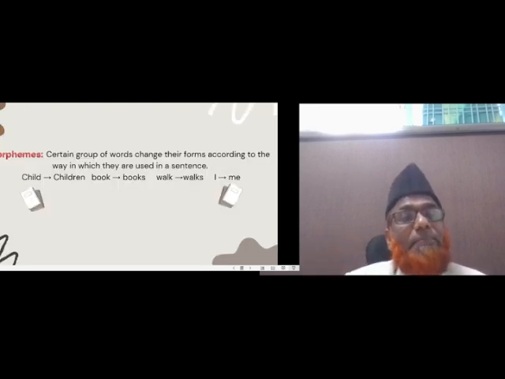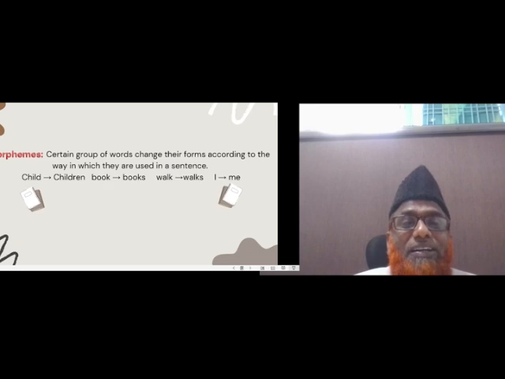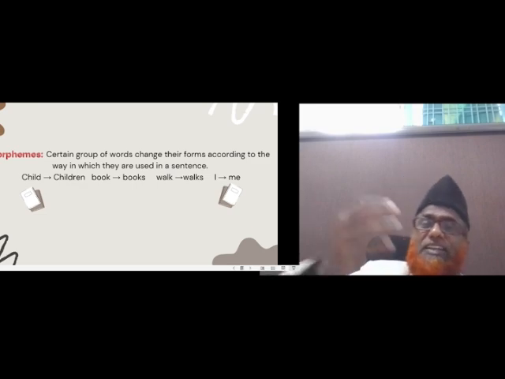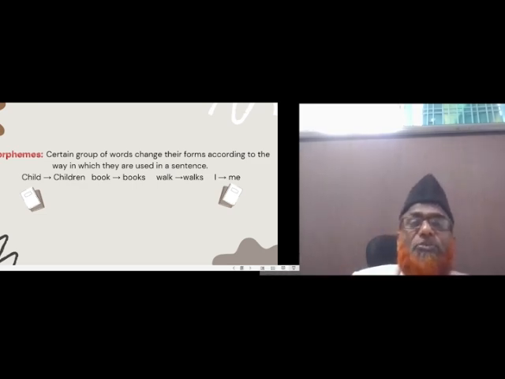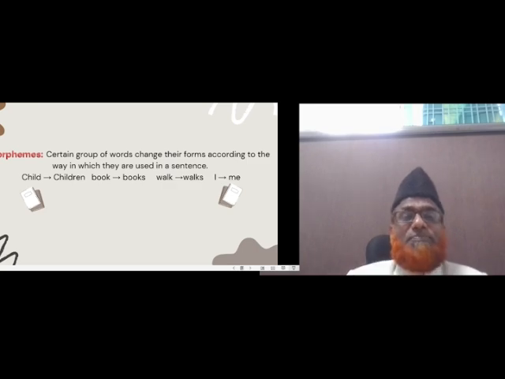Then we have another important term, morphemes. You see, we have examples like child, children, book, books, walk, walks. Okay, these are certain groups of words that change their forms according to the way in which they are used.